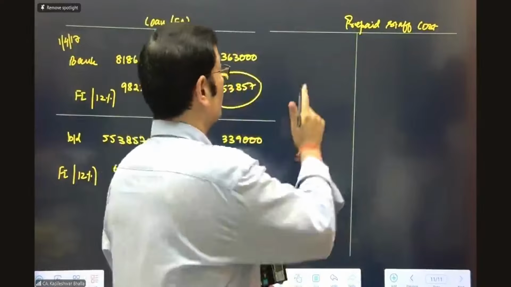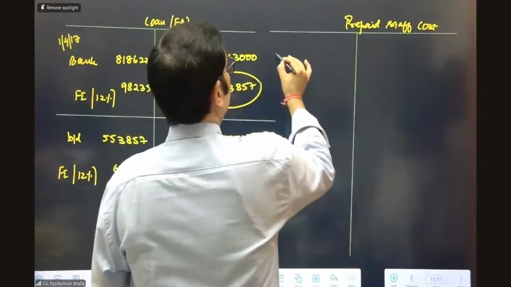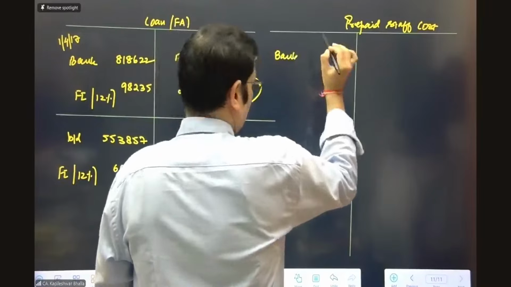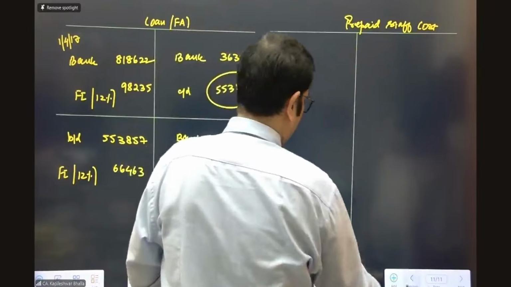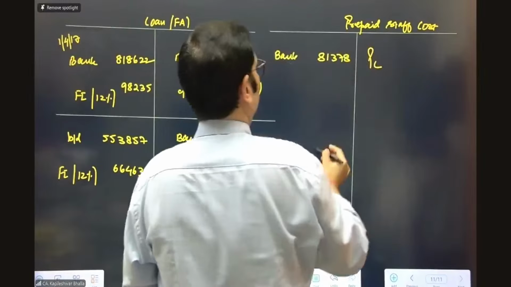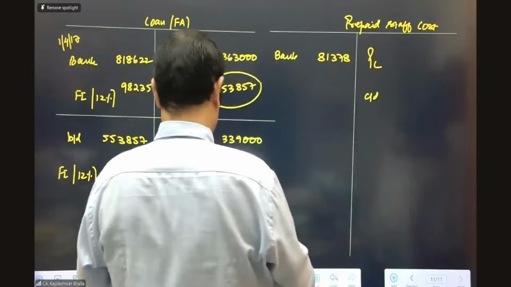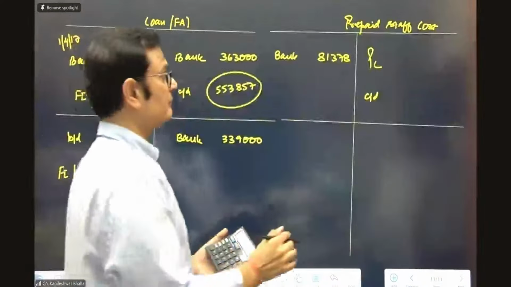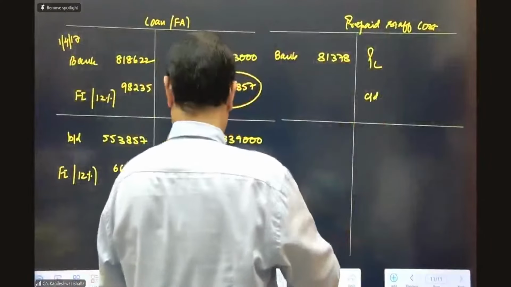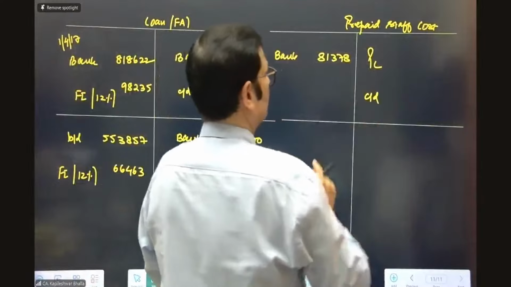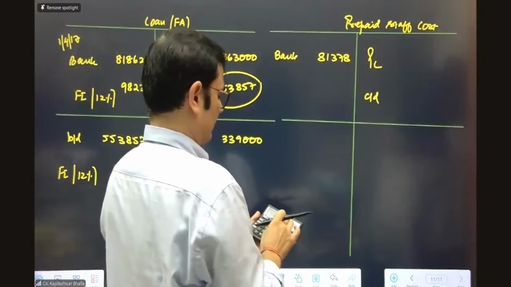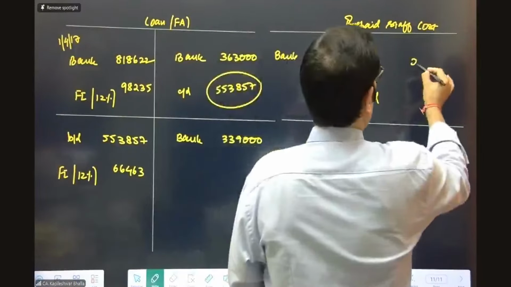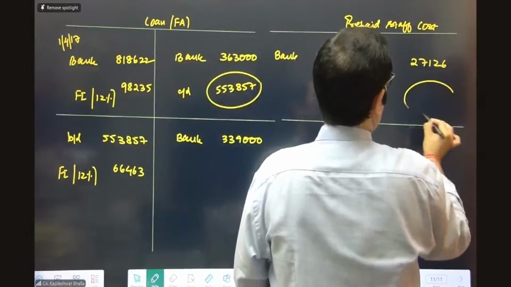In the meantime, let me also do the amortization. So let me also consider the amortization of the prepaid staff cost. This is 81,378. So let's take 1/3 amortization. So let's make the ledger account also for the second year end. So we consider 81,378, 1/3 would mean 27,126.